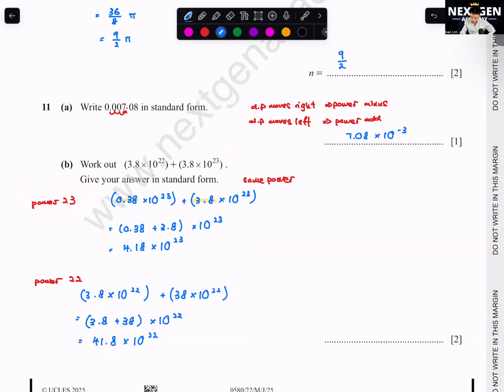Now you move to the left, means your power will add by 1. So the easier way is to change to the bigger power, if both of them are standard form.